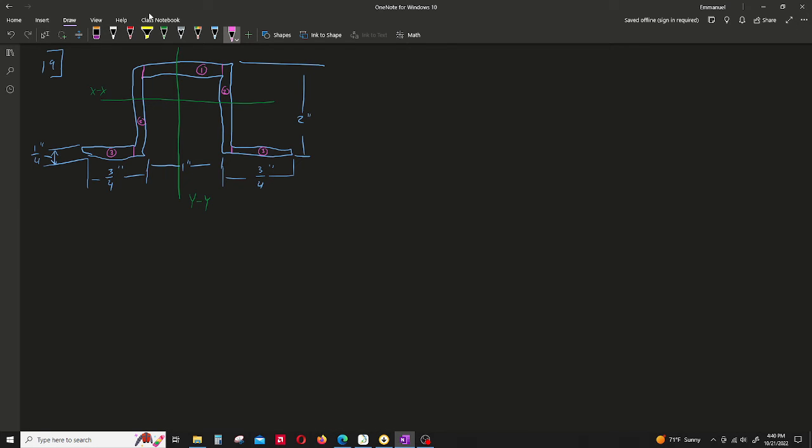We already know that the thickness of the part is 1/4, so this one from there to there is 1/4. Same with this side here, 1/4. This is already 1 inch.